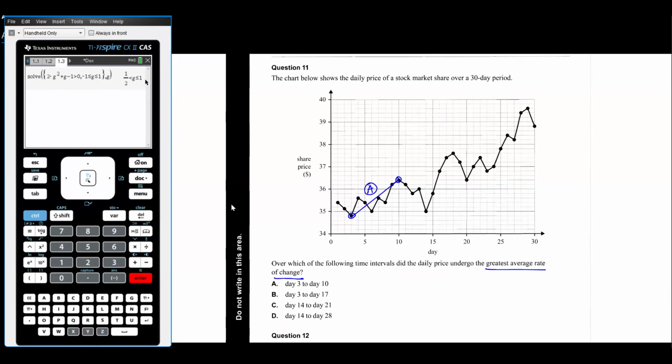And option B is day 3 from here to day 17. So this is 15, 16, 17 to here. Comparatively speaking, if you use a ruler, you'll be able to draw this line segment, and you see line segment A has a greater steepness or larger angle than line segment B. But now let's also compare option C and D. From day 14 to day 21.